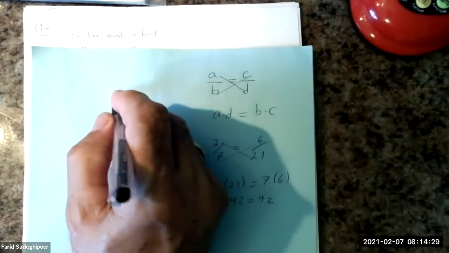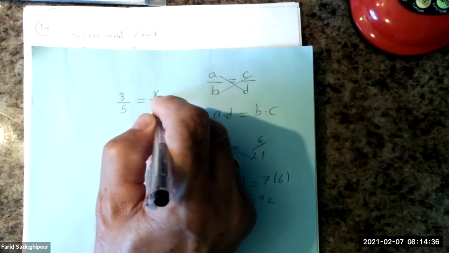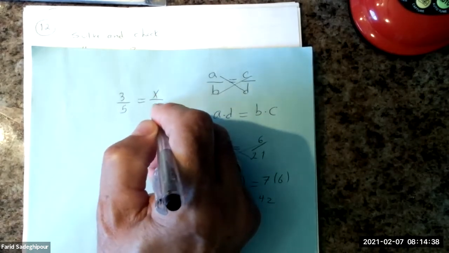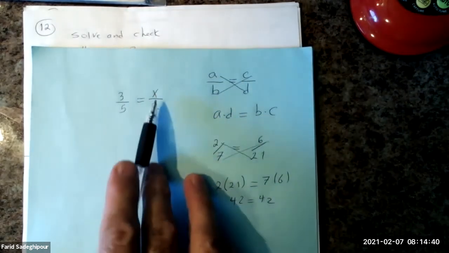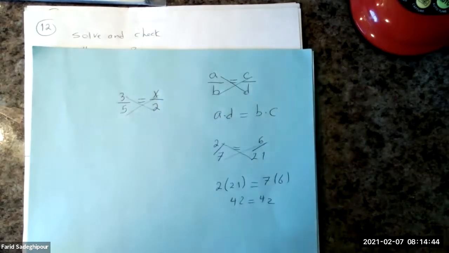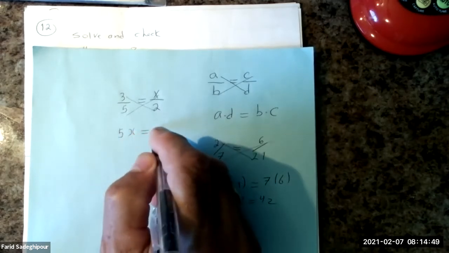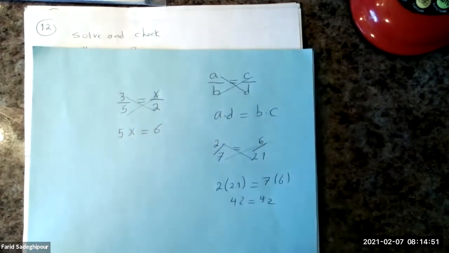So in that case, if I have 3/5 equal x/2, how do I find the x? Cross multiply. 5 times x is 2 times 3 is 6.